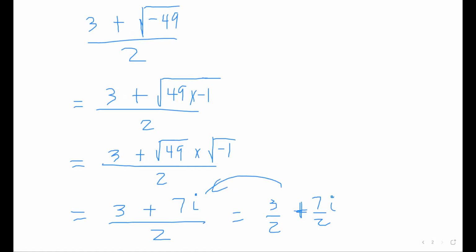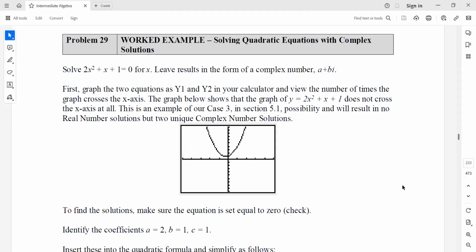So that is complex numbers, okay? All right. So this tells me that anytime, for instance, if you go to problem 29 in your workbook, where you have 2x squared plus x plus 1 equals 0, and you go to your calculator and put it in, this is what you're going to get.